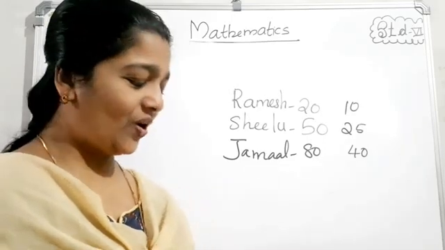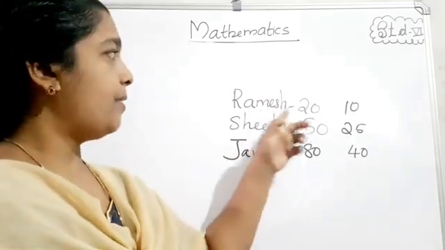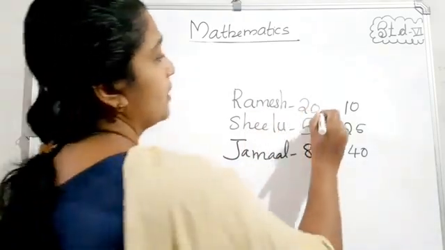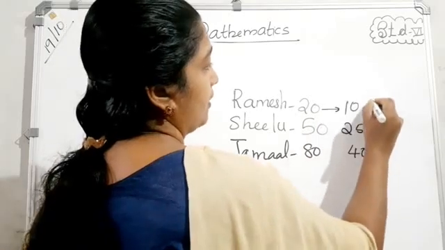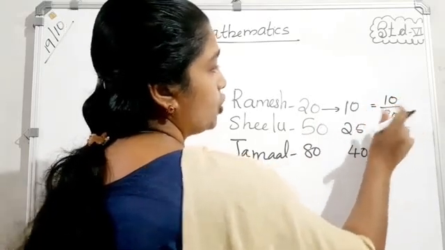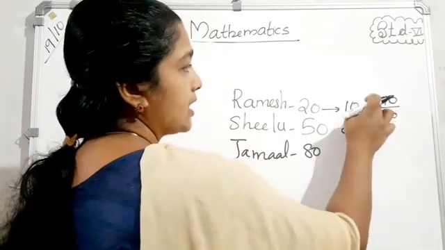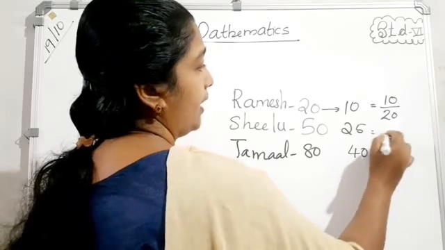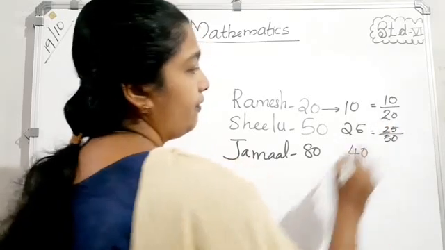So, first one, total number of pencils, that is Ramesh had 20 pencils. Then he used 10. So, the required fraction equals 10 by 20. In total 20, he used up 10 pencils. Clear? Next, Sheelu had 50 pencils and she used 25.